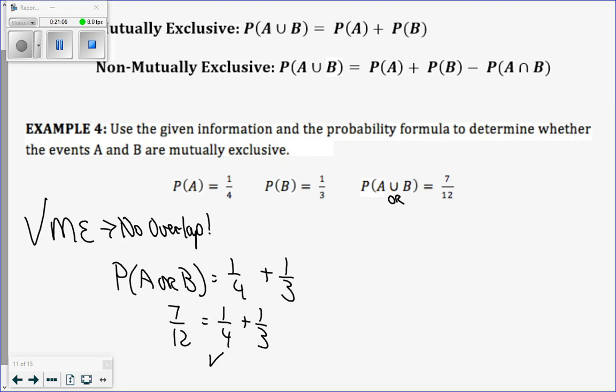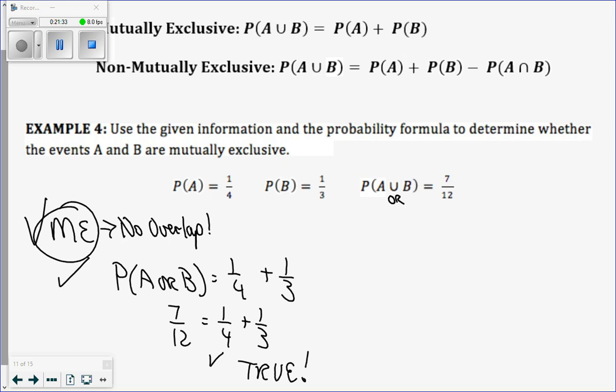Is that true? So punch into your calculator, 1/4 plus 1/3. Do you get 7/12? Yes. Okay, so this is true. So then, yes, they are mutually exclusive.